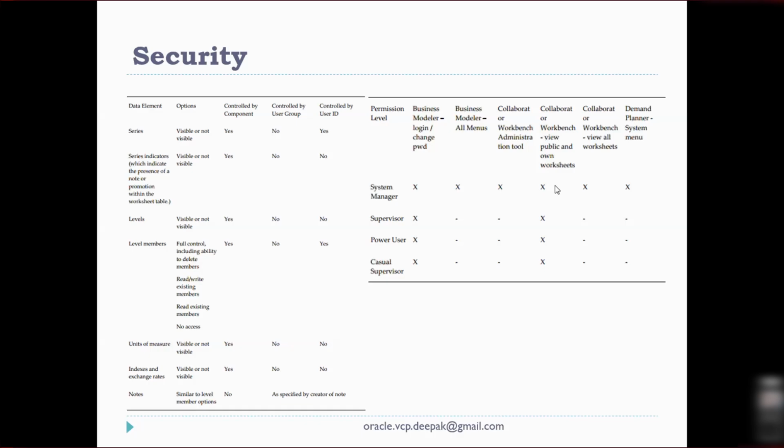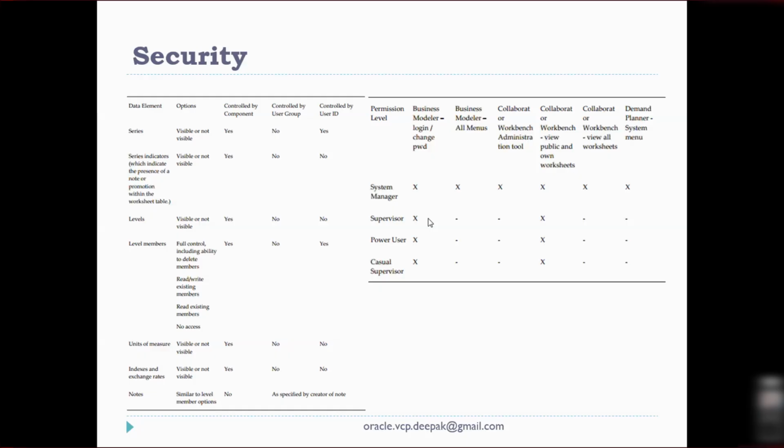But the supervisor and manager will log into the business modeler and the collaborator workbench. Now you can ask why they log into the business modeler. They can log into the business modeler and change the password. That is the only permission they will get. The rest of the permissions will not be provided. You can change the password from two screens.